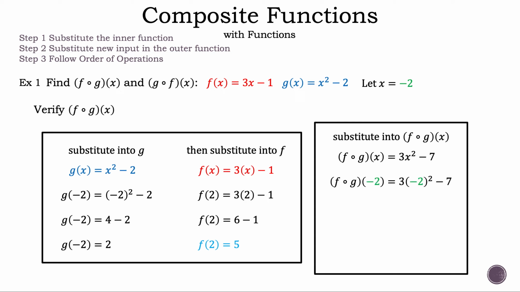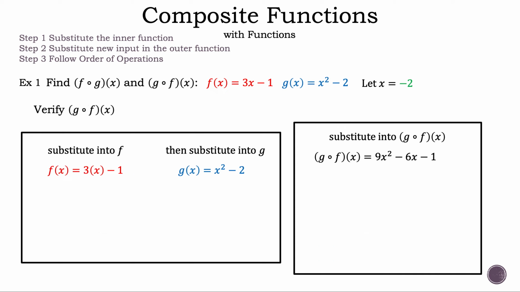So now we have f of g of negative 2 is equal to 3 times negative 2 squared minus 7. And negative 2 squared is 4, and 3 times 4 is 12, and 12 minus 7 is 5. So we have f of g of negative 2 is equal to 5. The output values are the same, which is what we want. Otherwise, there would have been a mistake somewhere.